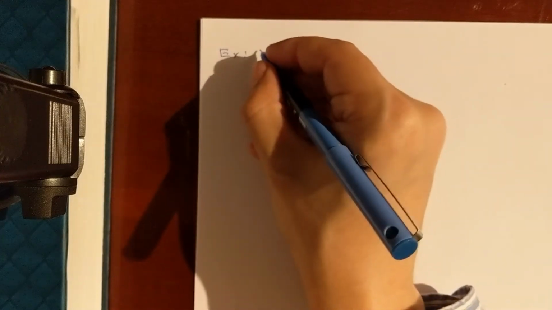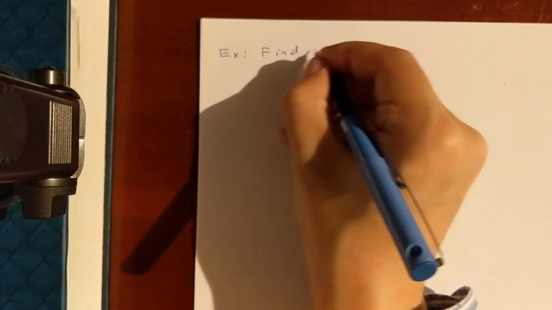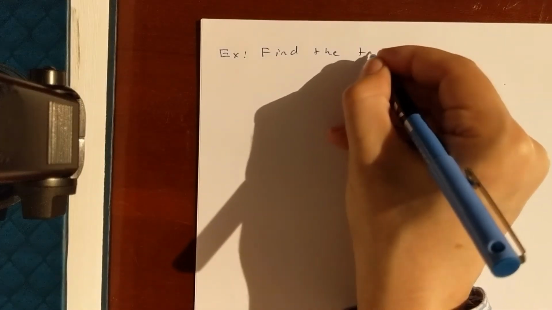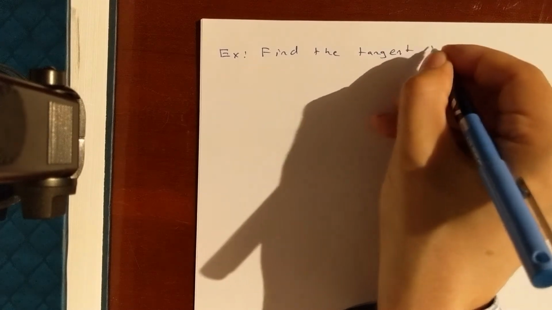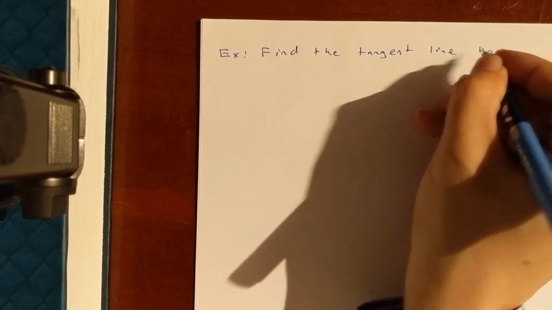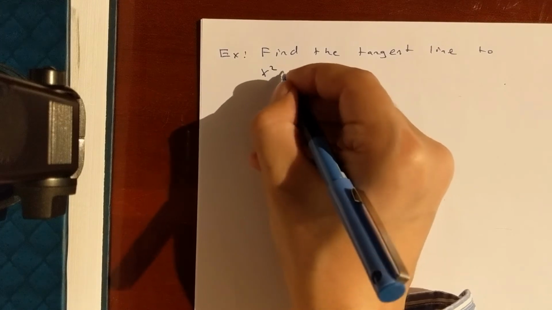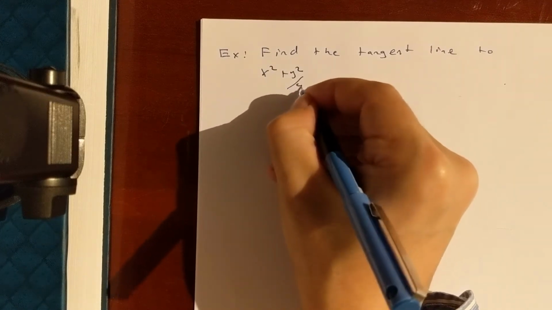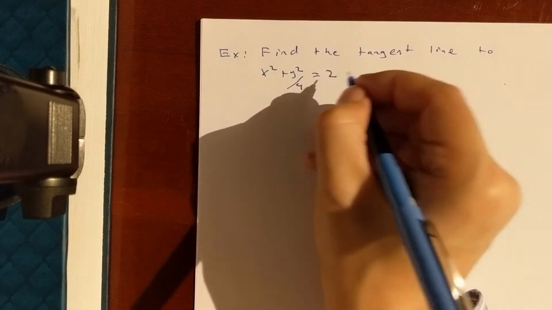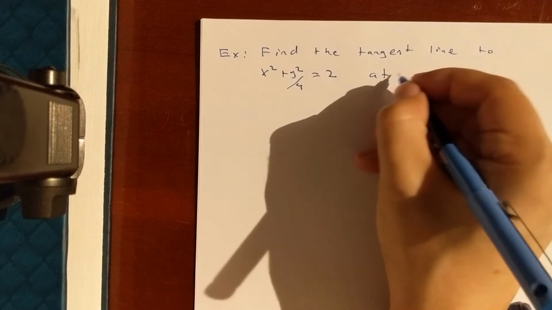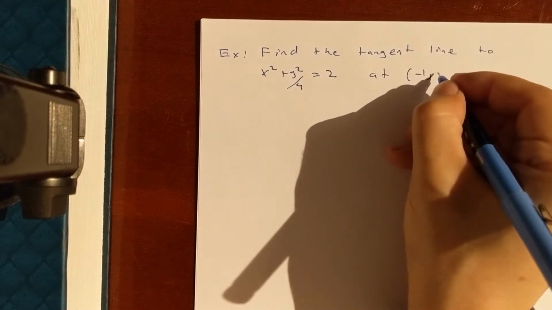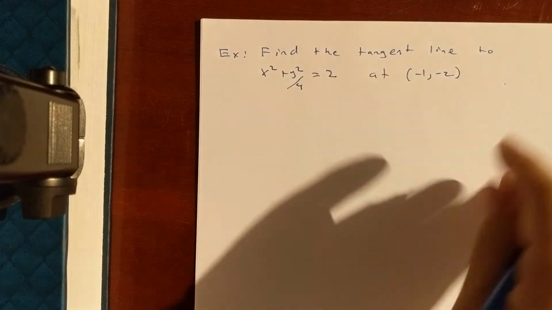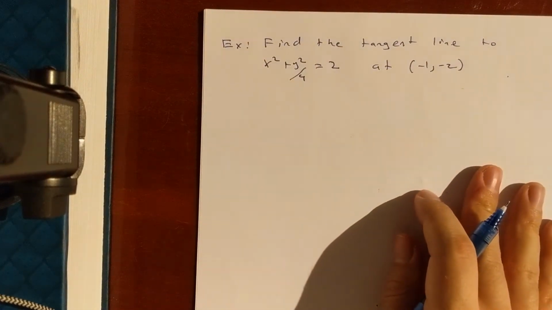Let's find the tangent line to x squared plus y squared over 4 equals 2 at (-1, -2).